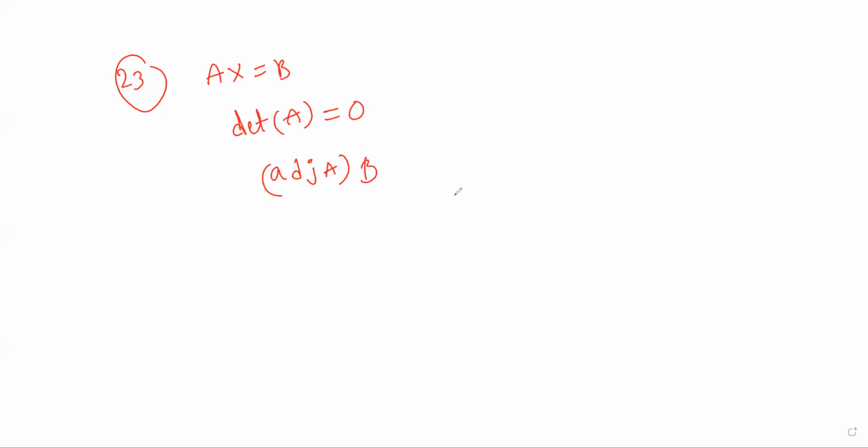When adjoint A into B is the 0 matrix, then it has infinitely many solutions. It's a basic concept, that's why we can easily identify it. Which option is satisfying? Clearly, option C is the correct one for question number 23rd.